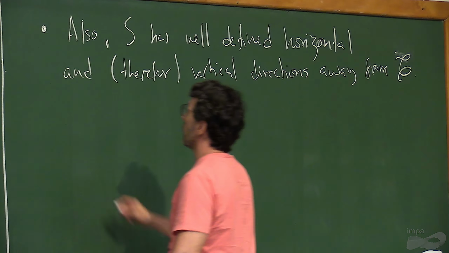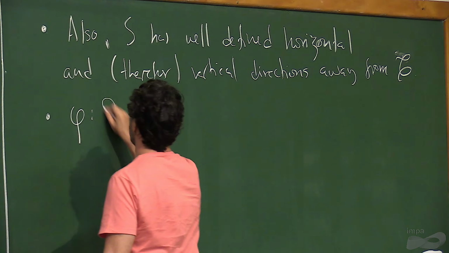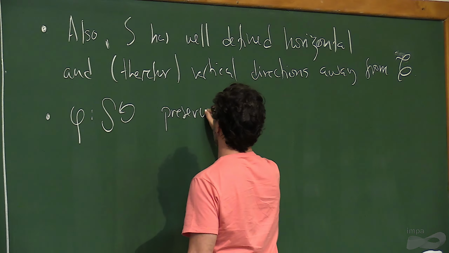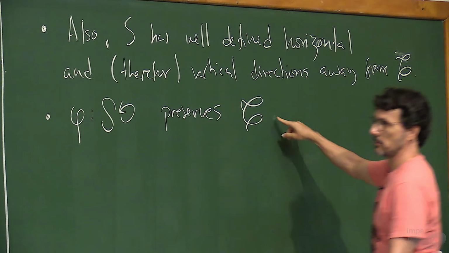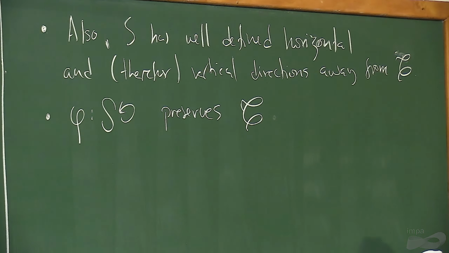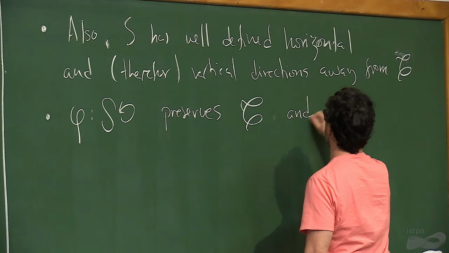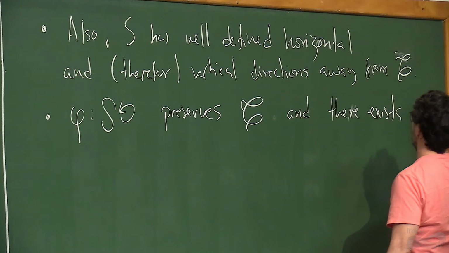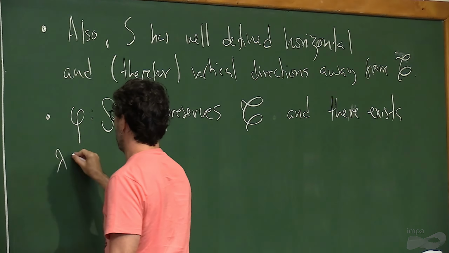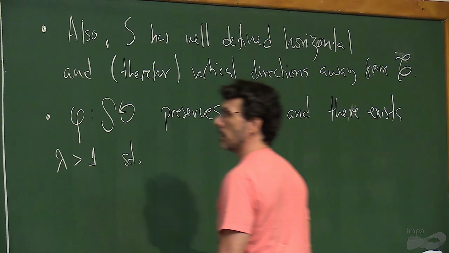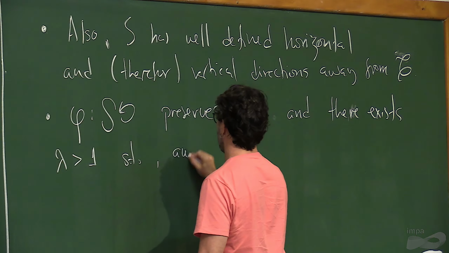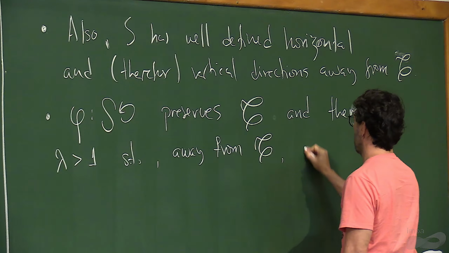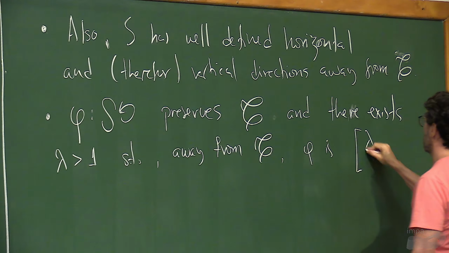And then phi is now a homeomorphism that preserves C. The cone points are invariant under phi, and there exists a lambda, a real number bigger than 1, such that away from C, phi is lambda, 1 over lambda.